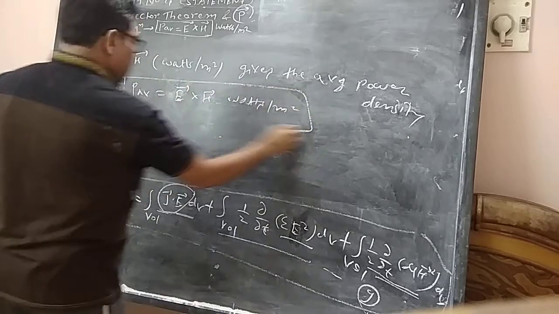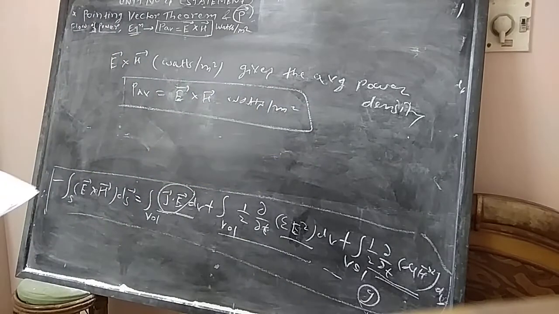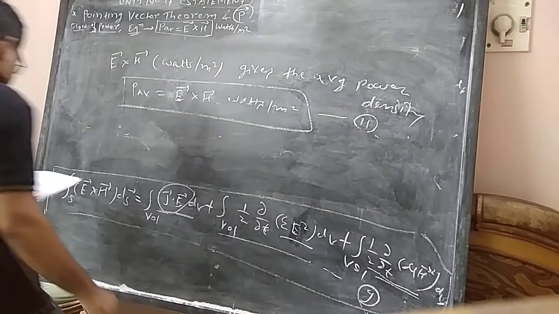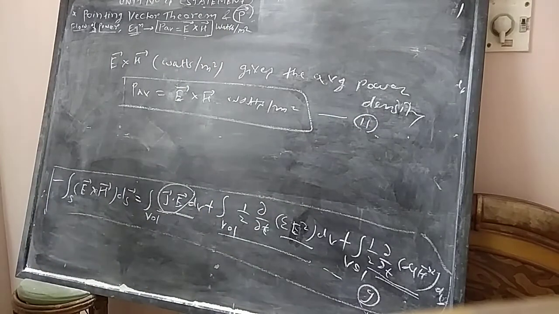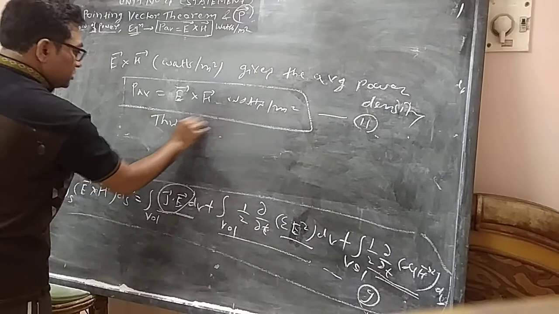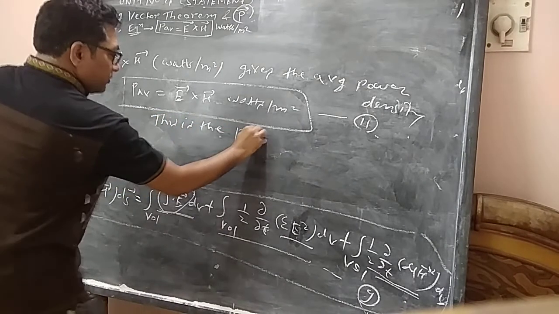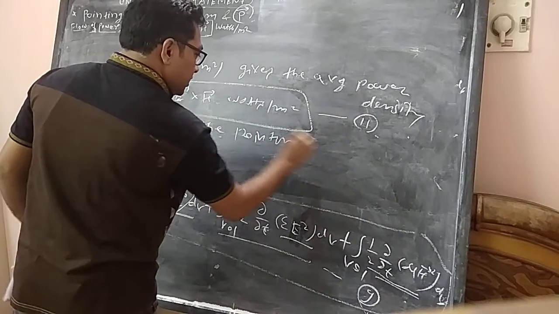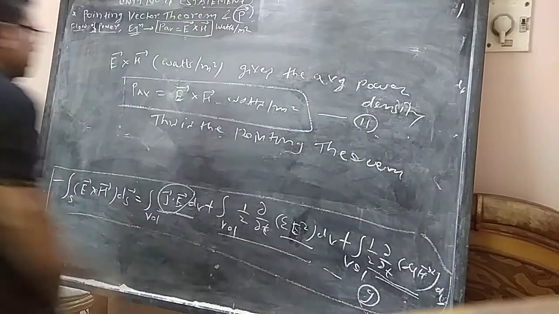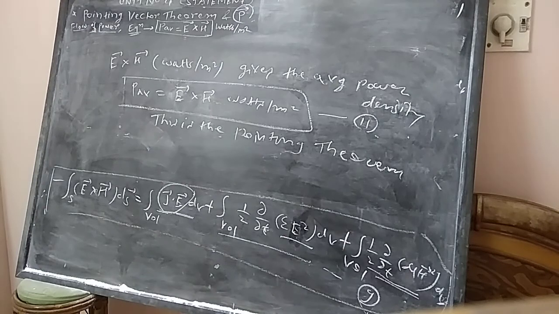This is nothing but the pointing vector which I gave at the start of this derivation, and this is your last equation, equation number 11. Power density is nothing but power per unit area, and this is the pointing theorem.